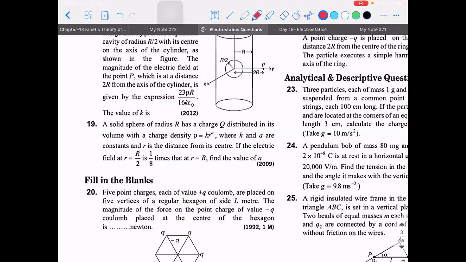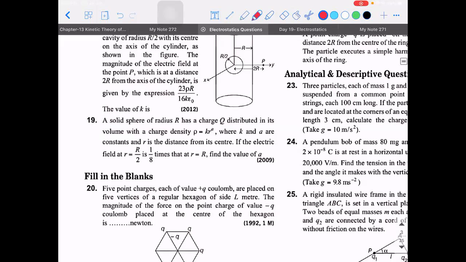You can't do that. kq by r by 2 the whole square is only for a point charge. There is a part of the problem that we did now, the last part. What will they use? Gauss law. You have to use Gauss law. You thought almost correctly. Using Gauss law, find the field and equate it to the expression that they have given. You will get the answer. Okay? Try it. Okay, sir.